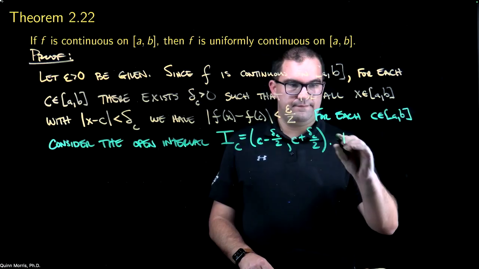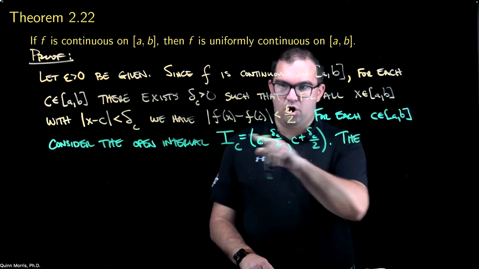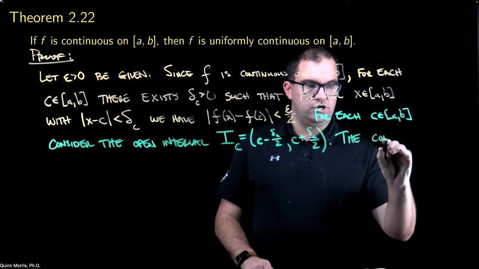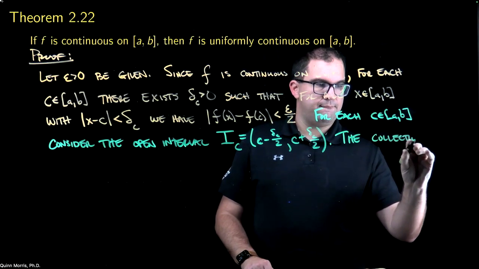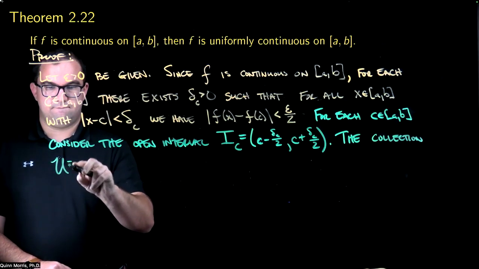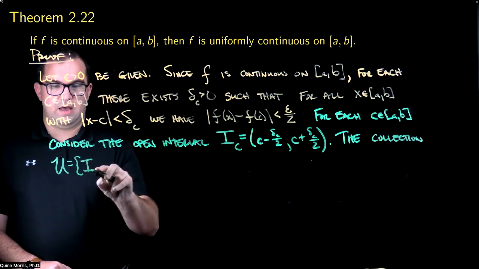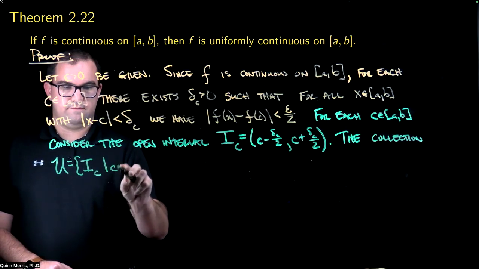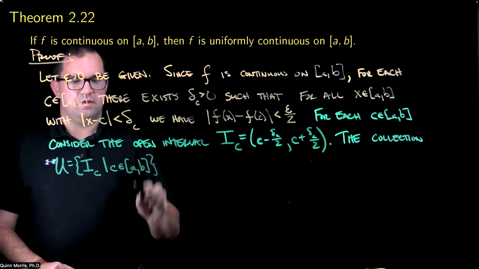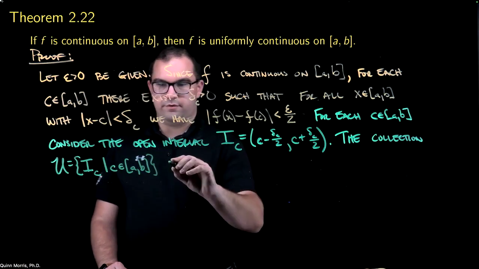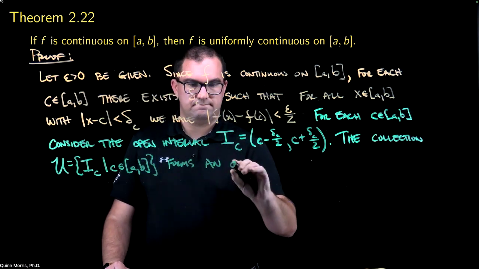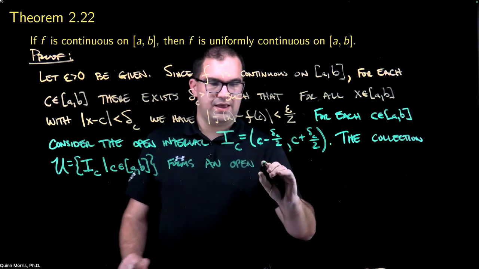This collection, so if I take all of these intervals for every C value, if I take the collection U of all the I sub C's for all C in AB, this is an open cover of AB.